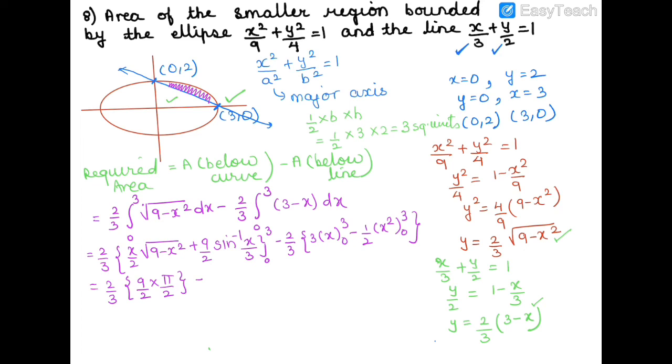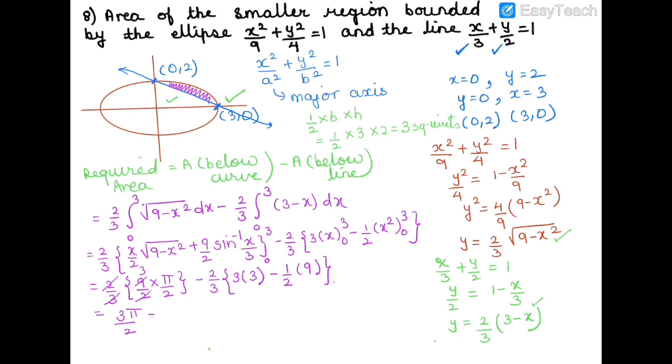The second part, you could have taken a 2 by 3 common outside, and this will give you 3, and 3 minus 0, upper limit minus lower limit, minus half, and 3 square, which is 9 minus 0. So therefore, I can cancel this 2 and 2, and I get a 3, which is equal to 3 pi by 2.